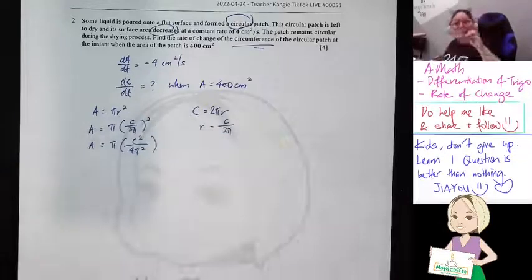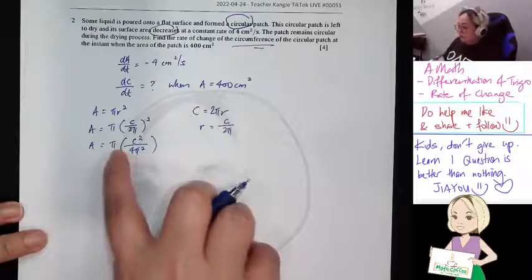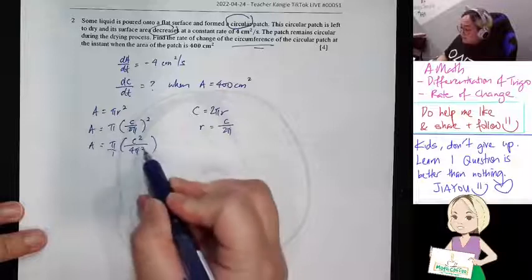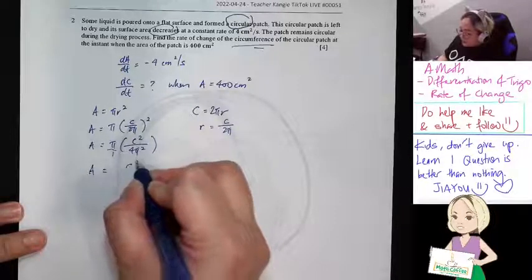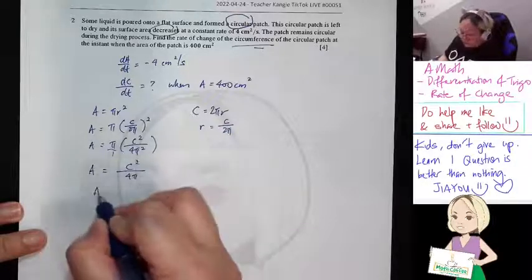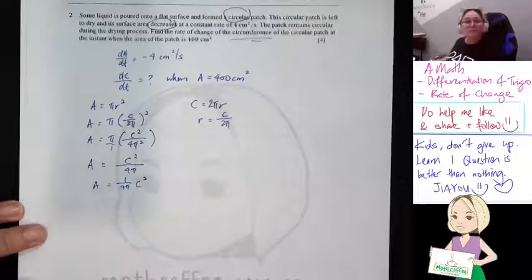In this case, just take the pi as an alphabet first. Here is pi square, here there is a pi, so I can cancel the pi. I'm still left with 1 pi. So A equals C square over 4 pi. I will write this as 1 over 4 pi times C square.